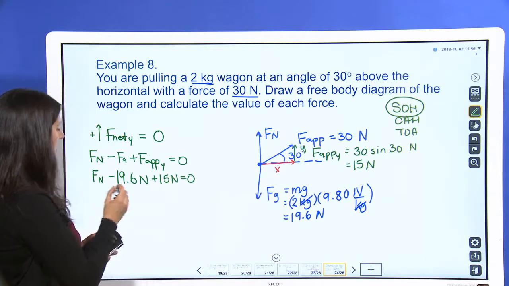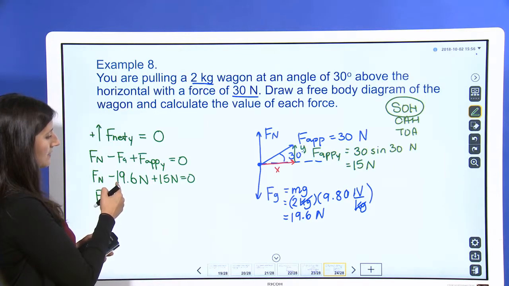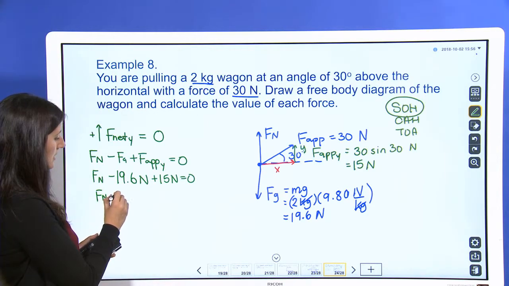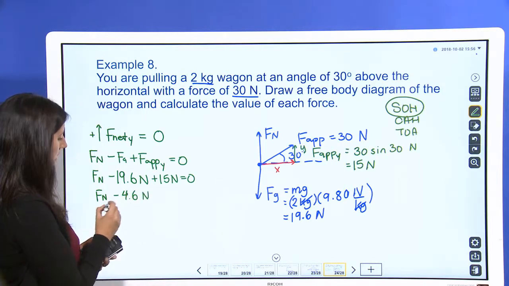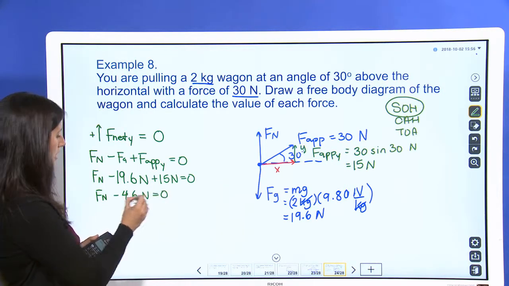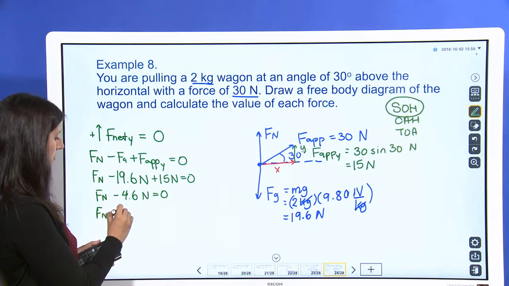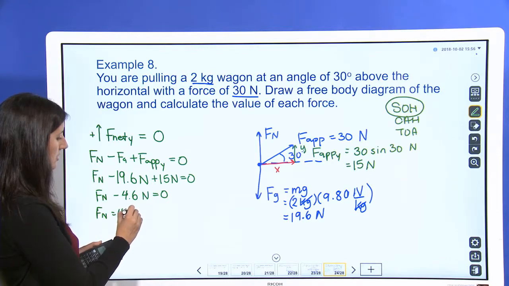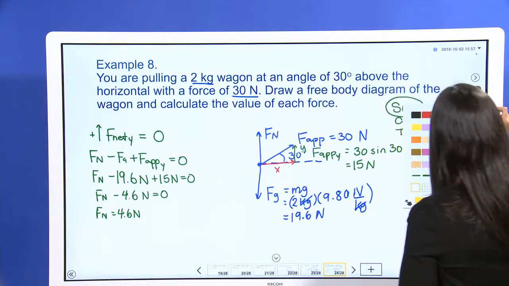All of that has to equal 0. I'm going to solve for my normal force. Negative 19.6 plus 15 is negative 4.6, equals 0. I'll move that to the other side. F normal equals 4.6 newtons. So that's the value of my normal force.